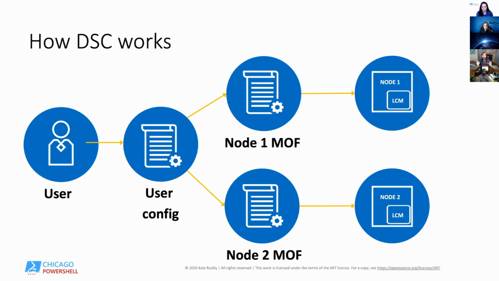From that point, these are sent out to those nodes, where there is a service living on top of them called the LCM, or Local Configuration Manager service. That service is going to take that MOF file, run through all of it, and interpret what the end state is and how to go from where that system currently lives to where it should be.